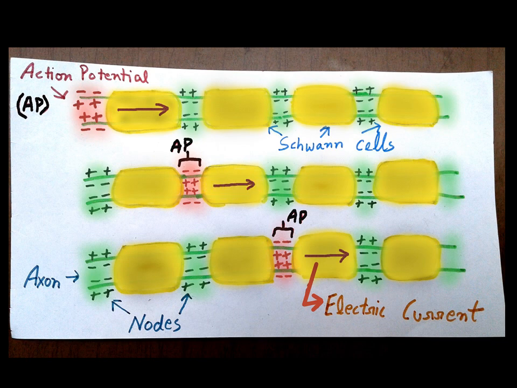In this way, the action potential in myelinated neurons jumps from node to node. This increases the transmission speed of nerve impulses in myelinated neurons, approximately 120 meters per second, whereas in unmyelinated, 0.5 meters per second.